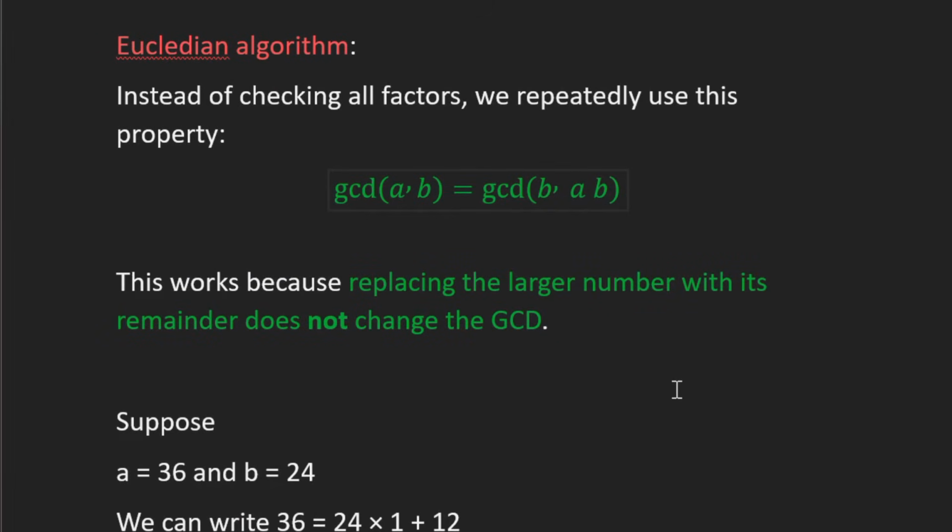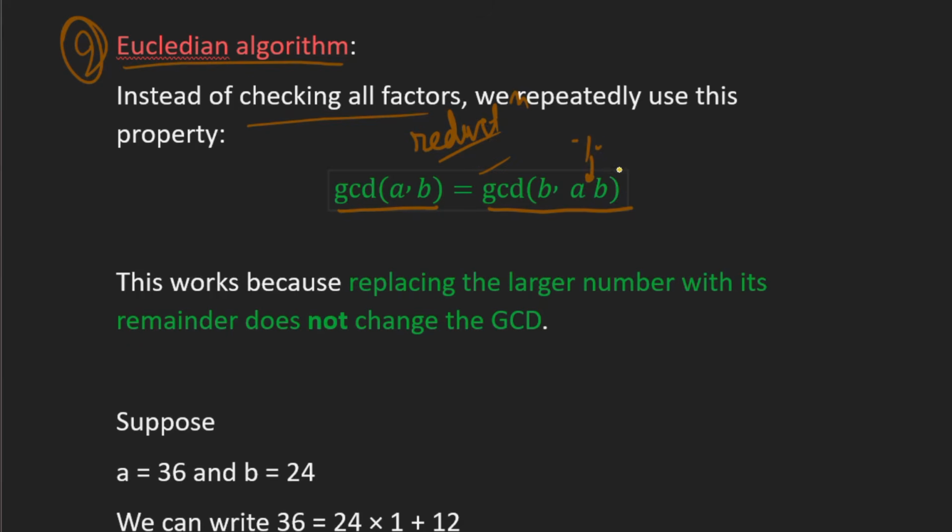Now the second way is to use the Euclidean algorithm. Instead of checking all the factors of both the numbers, it uses a reduction technique, we can say. Suppose we have to find GCD of a comma b, then it reduces that to GCD of b comma a modulo b.